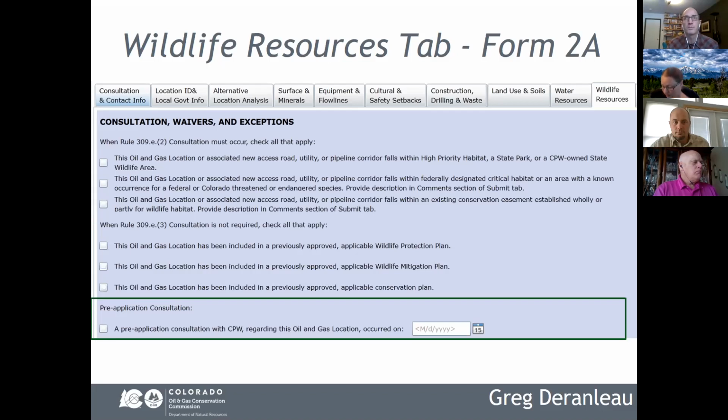If there were multiple consultations, like there was a consultation with the federal land managers and the local government couldn't make it, so CPW went out again with the local government, and then the surface owner wanted to have another discussion, you'd put the most recent pre-application consultation date. But anyway, that date is required. Next slide, please.